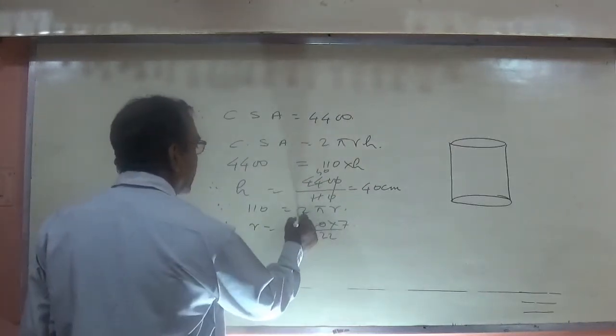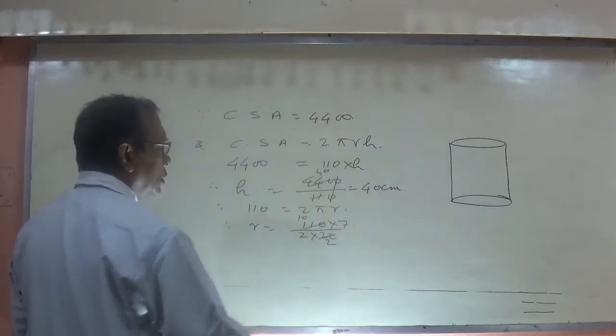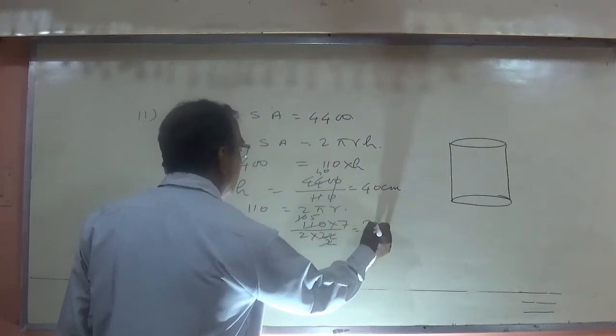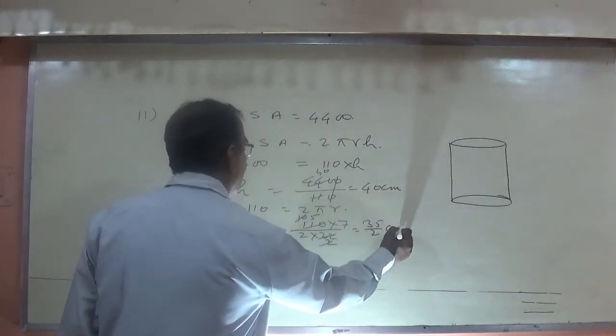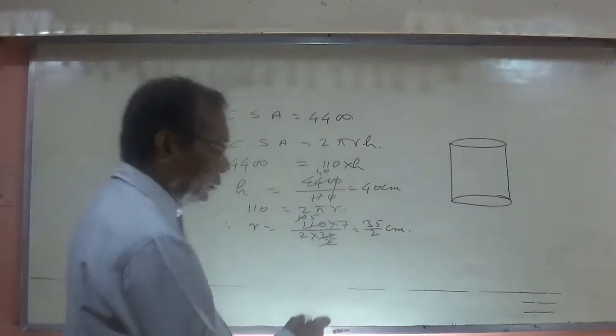Now 11 tens are 110, 11 twos are 22, 2 fives are 10, 5 sevens are 35, so 35 by 2 centimeter is the radius. Now let us try to find the volume.